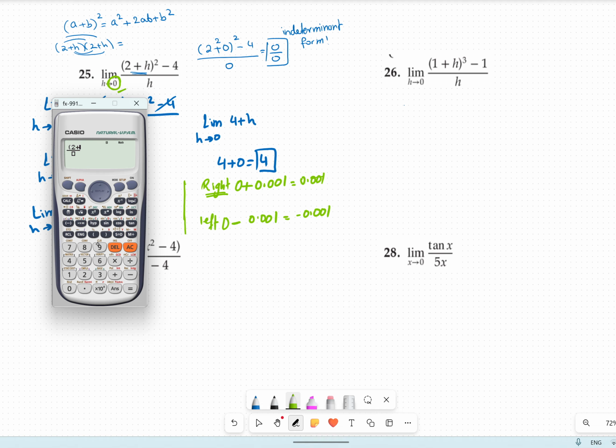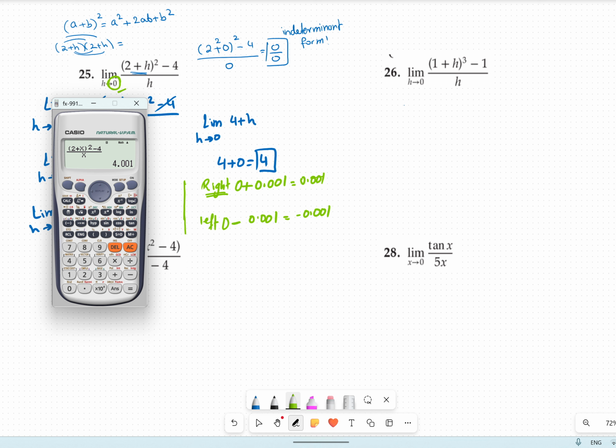So I will say 2 plus, since we don't have h in the calculator, we will use x, squared minus 4 over x. Then I am going to click this calculate button and I am going to say I want to calculate this at 0.001. I click equal, I get 4.001, which is approximately 4.